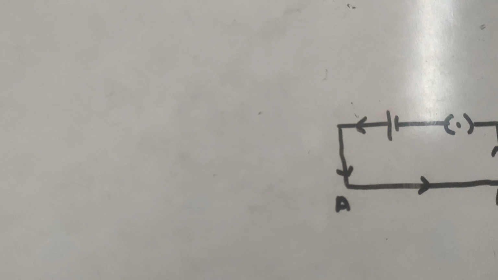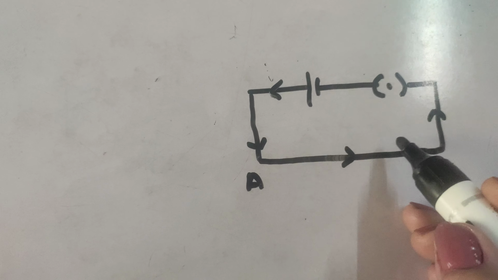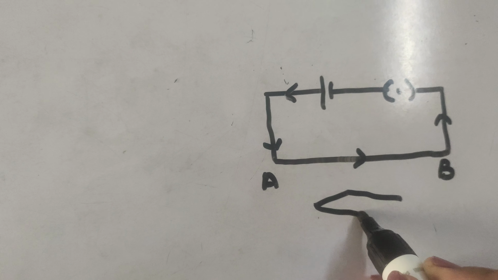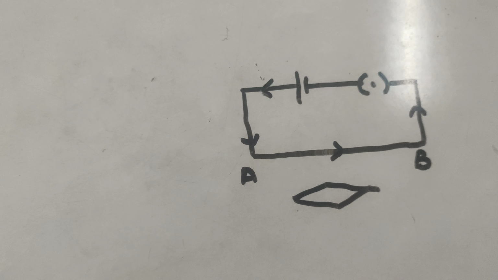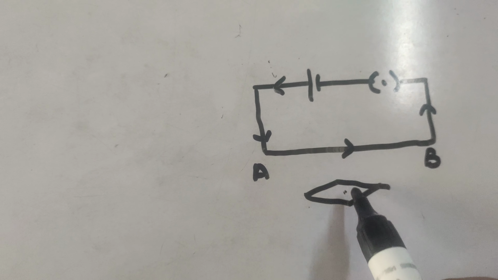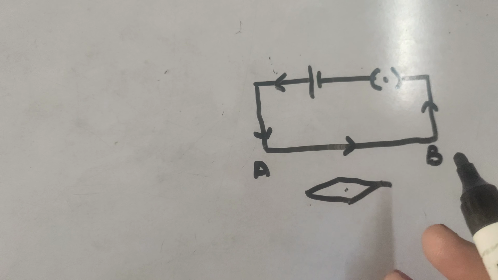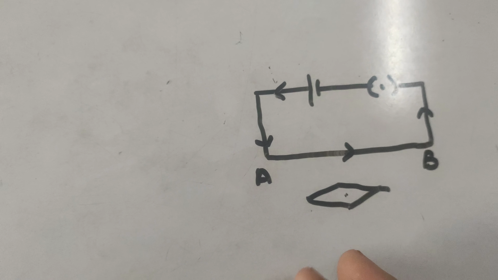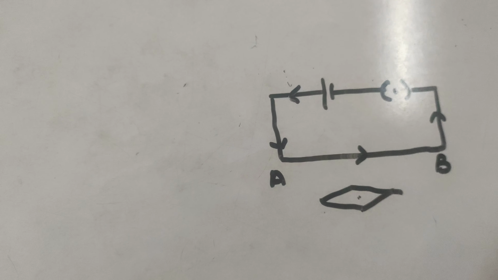So what would happen if we keep a magnetic needle near the current carrying wire? It is found that when it is kept along with the wire, it gets deflected either toward east, upward or downward, depending upon the direction of current.